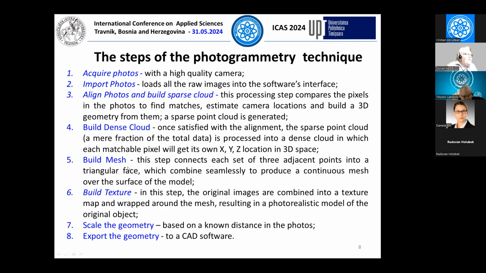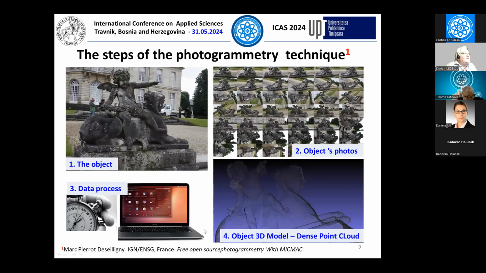The next step is to build a mesh. This step connects each set of 3 adjacent points into a triangular face, which combine seamlessly to produce a continuous mesh over the surface of the model. The next step is to build texture, scale the geometry, and export the geometry to CAD software. This is an example of these steps.